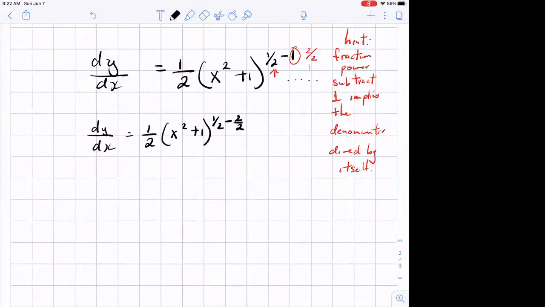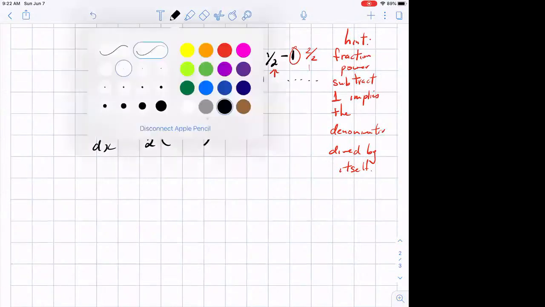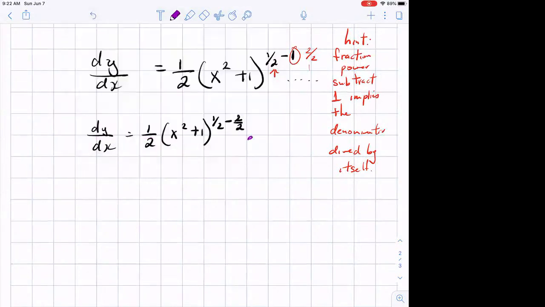But we're not finished. This is where the chain rule comes in now. This is the chain rule. Pay attention. Chain rule, we have to multiply this by the derivative of the inside, because we didn't touch the inside. So the derivative of the inside is 2x to the 2 minus 1 plus, and remember the derivative of any constant is 0.